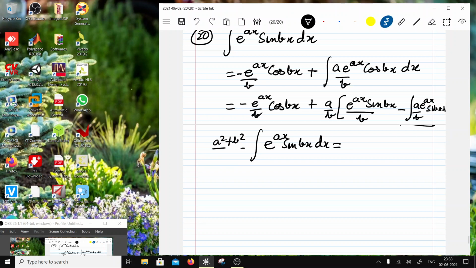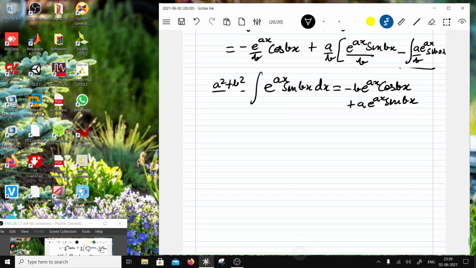First term multiplied by b square would be minus b e raised to ax cos of bx, and the second term is going to be plus a e raised to ax sine of bx.